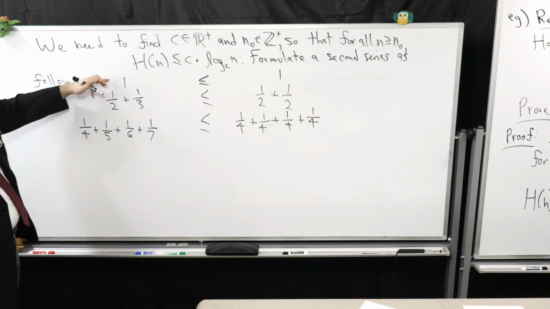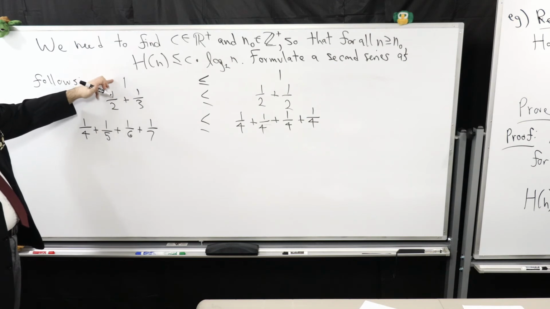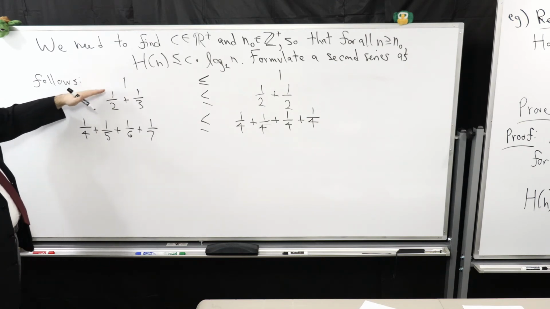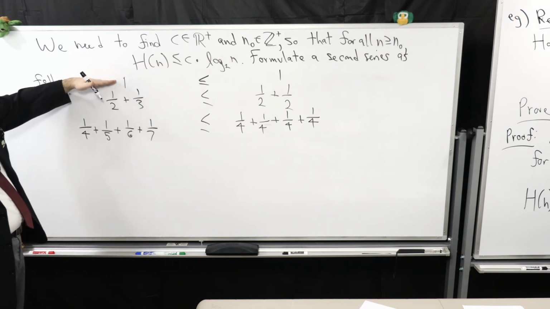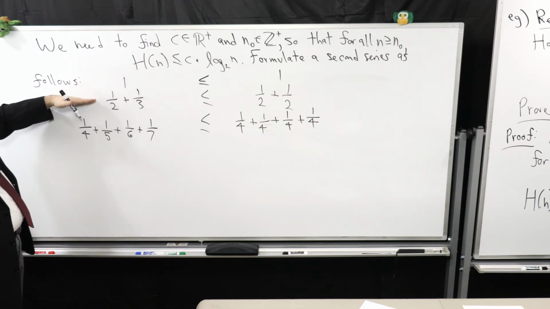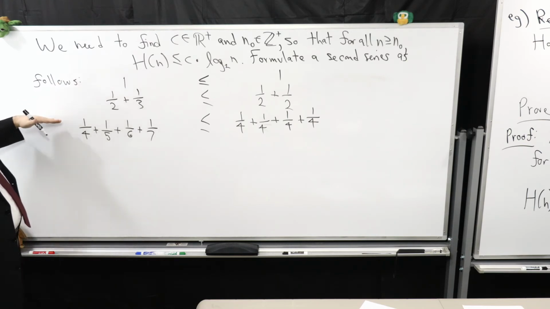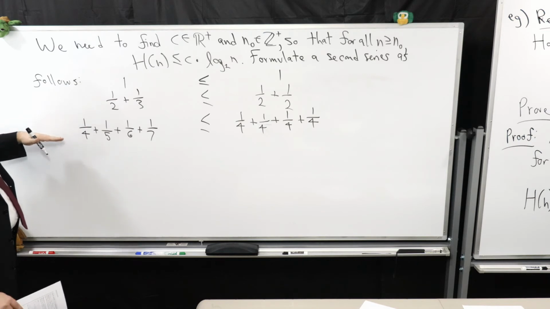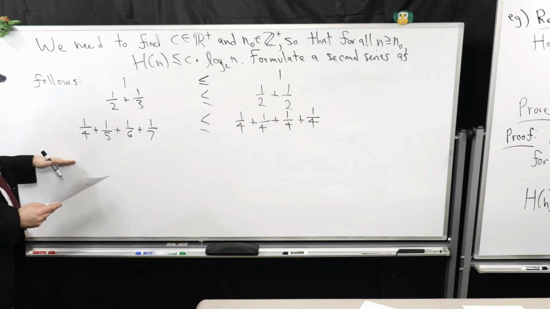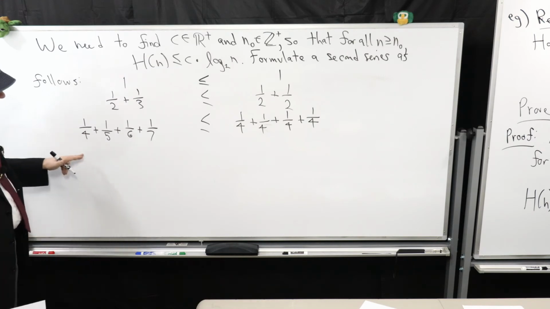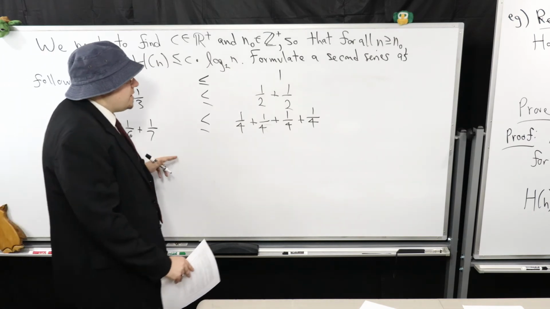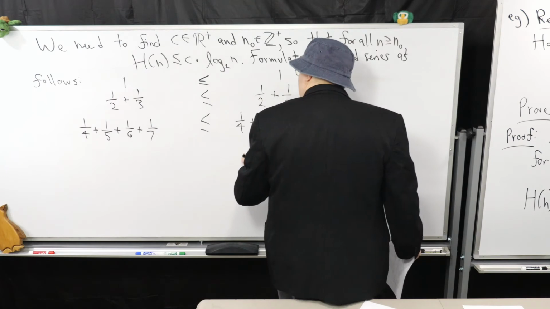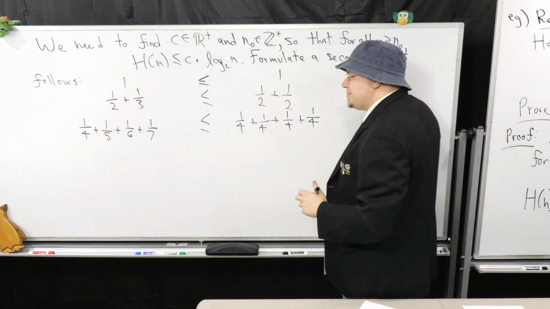I'm going to write out the number of terms in terms of a power of 2. So I start off with 2 to the power 0, I have 1 term. 2 to the power 1, I have 2 terms. 2 squared, I have 4 terms. So the next inequality here should have 8 terms on each side, where I'm going to have 1/8, 1/9, 1/10, 1/11, and so on. And then all these are going to be replaced with 1/8.